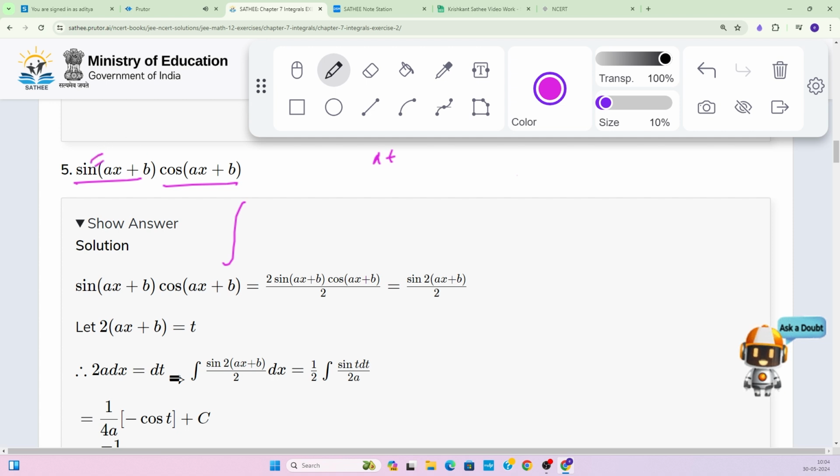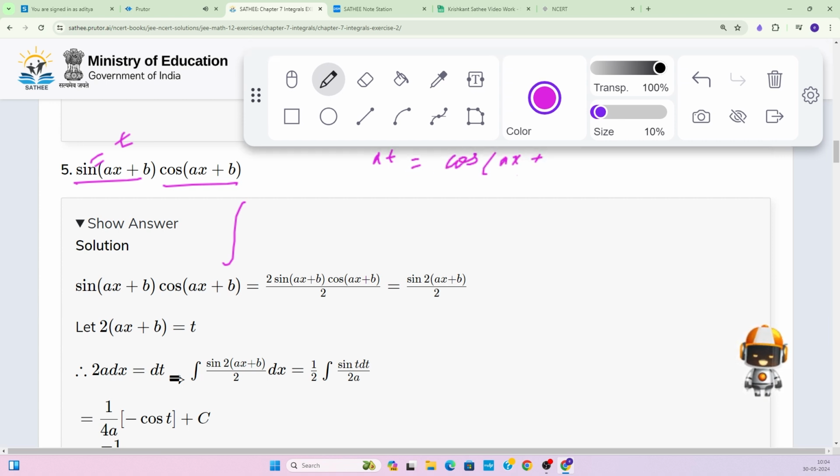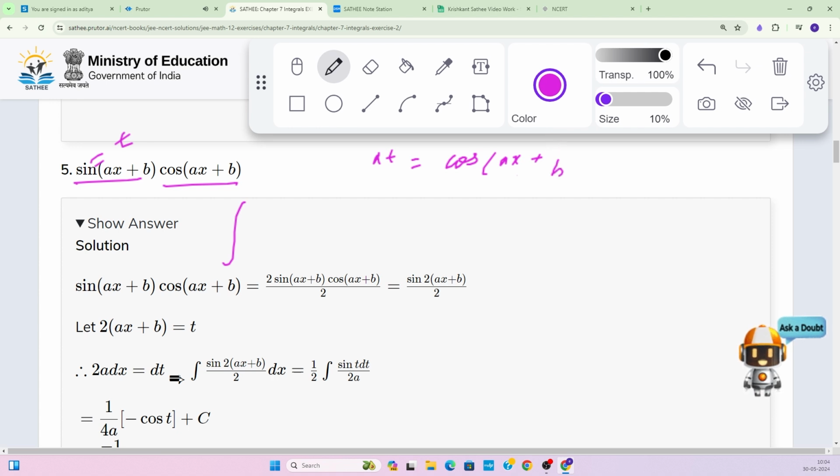Taking this as t, if you take this as your t, dt is equal to cos(ax plus b) multiplied with a. Yes, this will happen. This means you can multiply with dx.